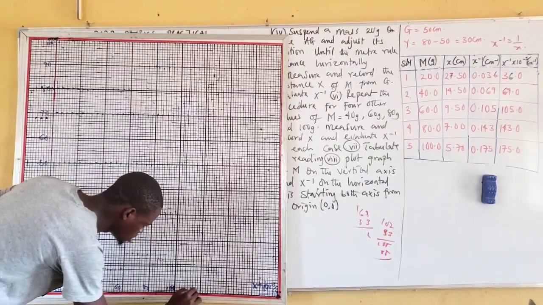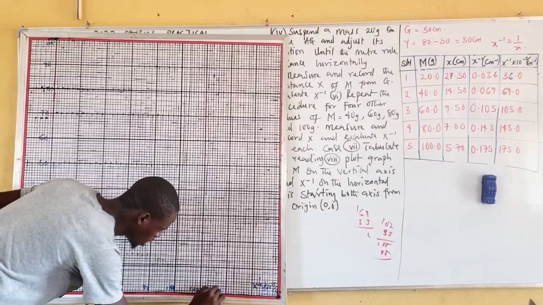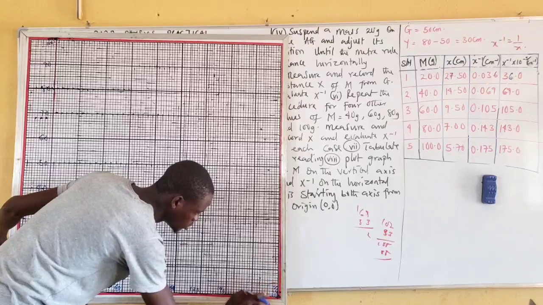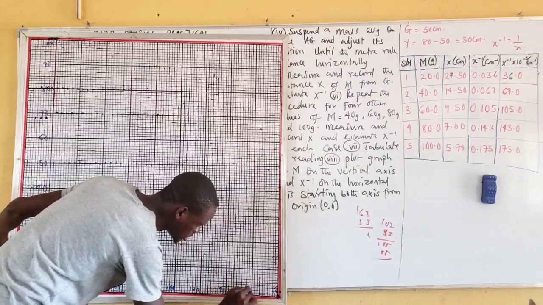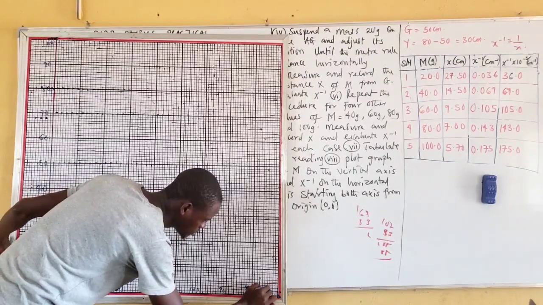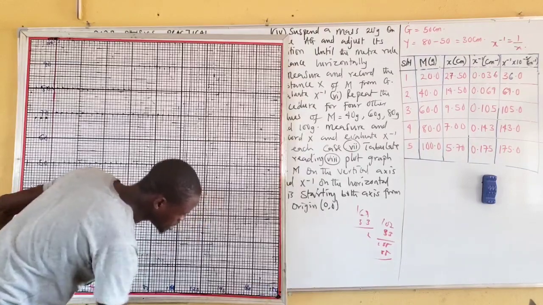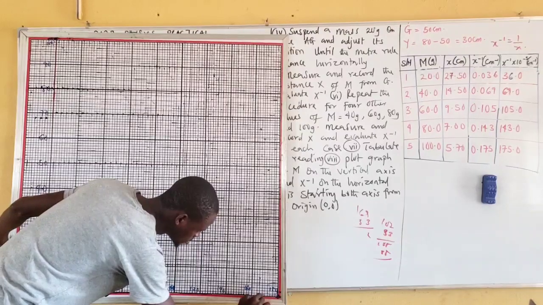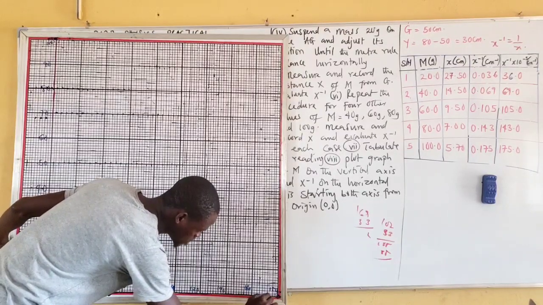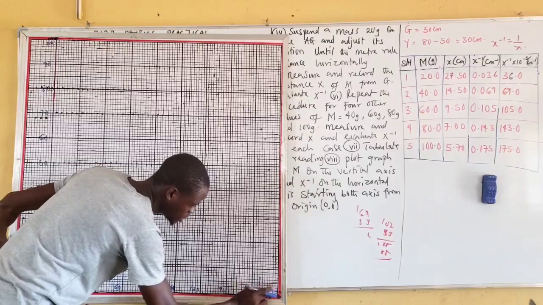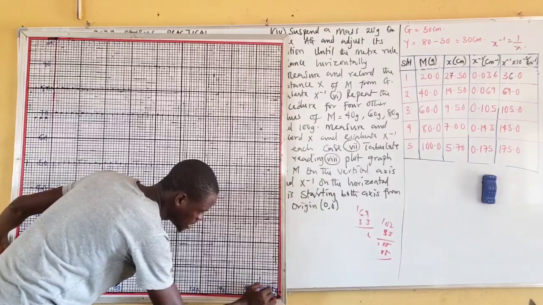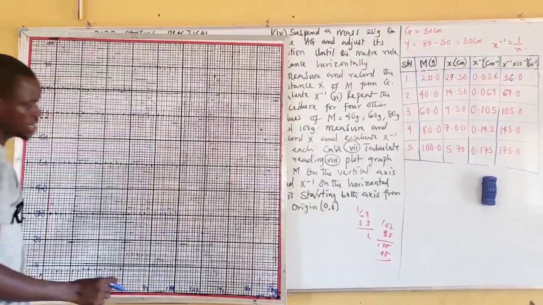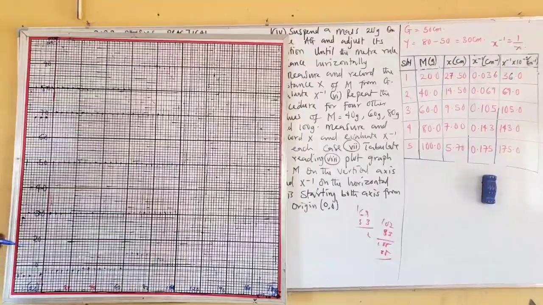Here should be 120, 140, 160, and then I have 180. And we can put s inverse times 10 to the power minus 3 in that place. So here is 180 centimeter. That's what we have on that side.